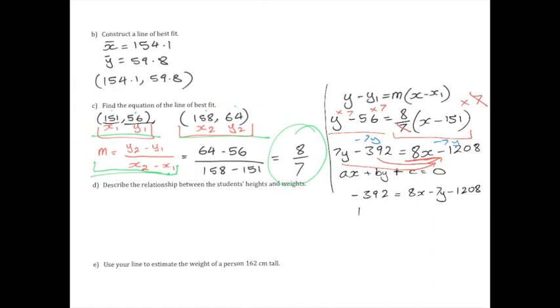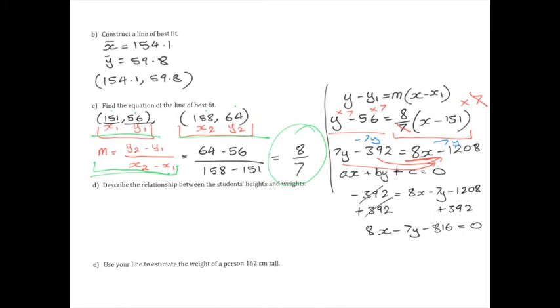Plus it because it's negative. So I get 8x minus 7y. Can someone find negative 1208 plus 392? Negative 816. Beautiful. And all of that equals 0, and we are finished.